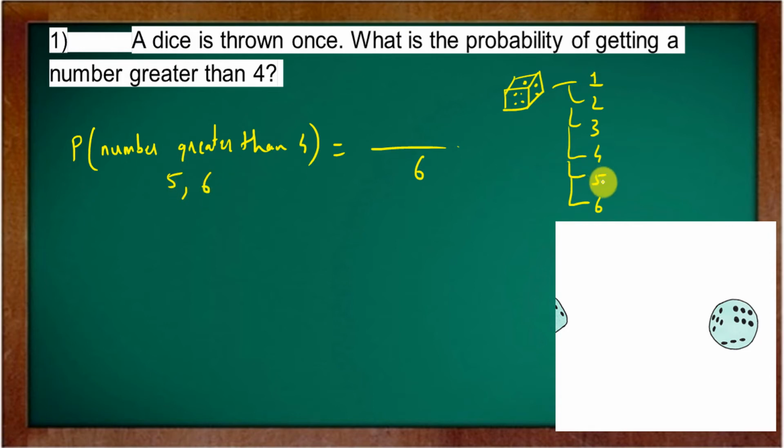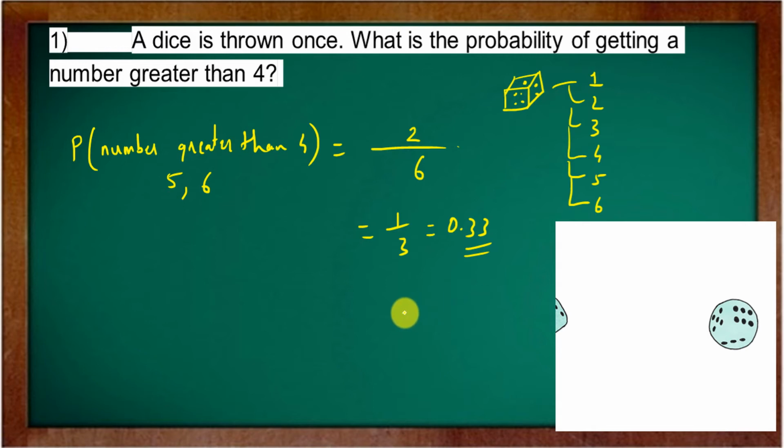The number of favorable outcomes is 2, so it is 2 divided by 6, which can also be written as 1 by 3, which is 0.33 and so on. So this is our probability of a number greater than 4, 1 by 3.